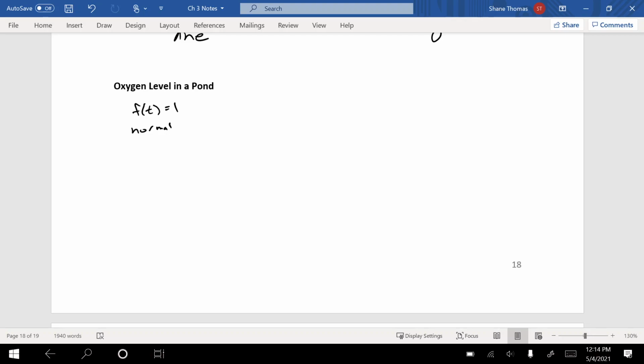When it's 1, it's normal. There's already a little bit of pollutants in there. Water's never completely clean. And we're going to say that t is in weeks. So here is the equation that's going to represent the amount of oxygen in there: t squared minus t plus 1 over t squared plus 1.